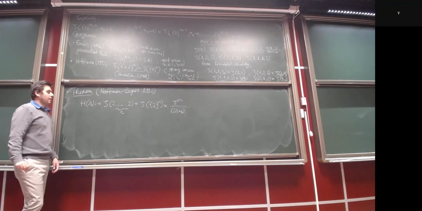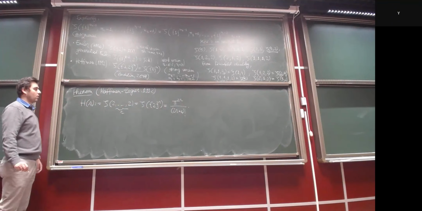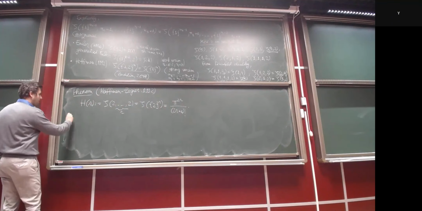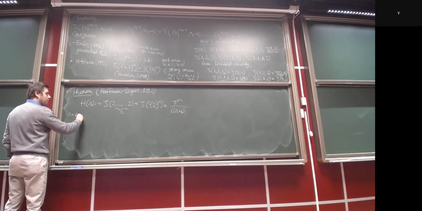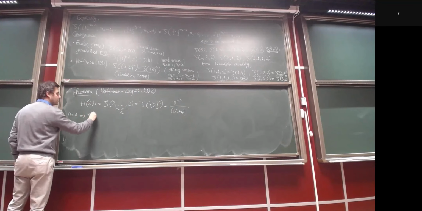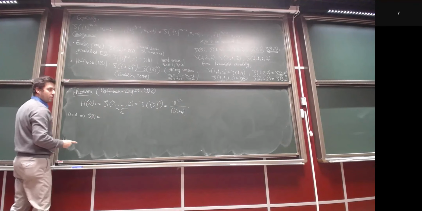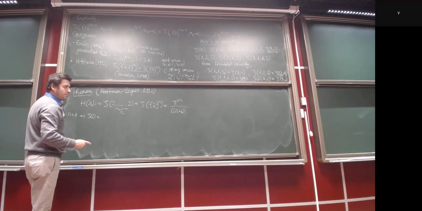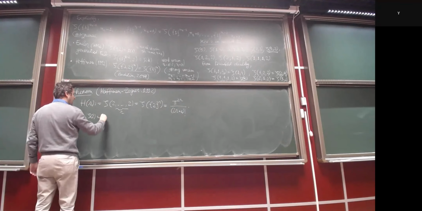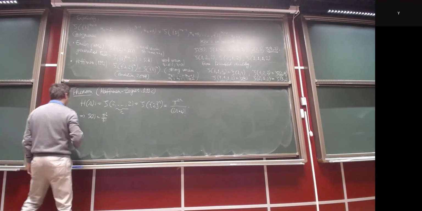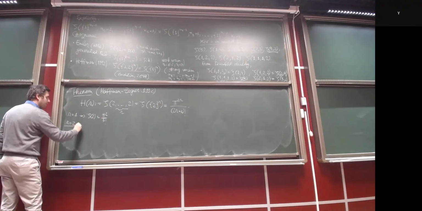So as you can see, for example, for R equals 1, this is zeta of 2, which is pi squared over 3 factorial, which is 6.